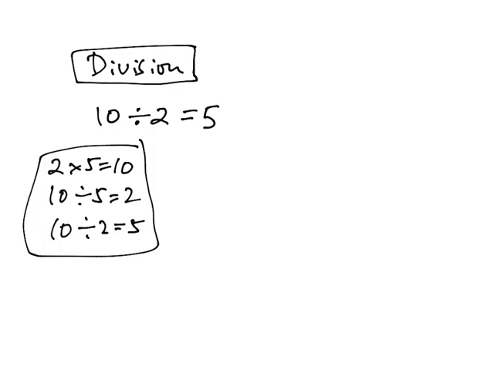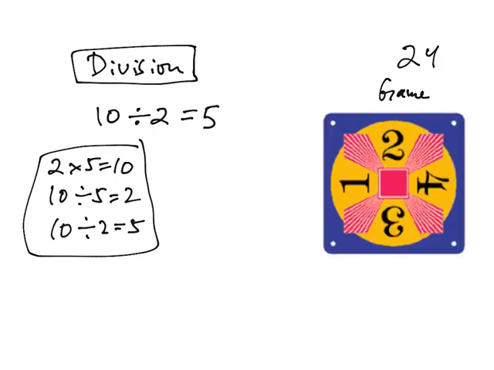That reminds me, there was a great game called the 24 game. I'm going to have to look up how that worked. There were these cards, and the goal was to achieve the number 24. Let me see if I can find one of those cards for you. Here's one.